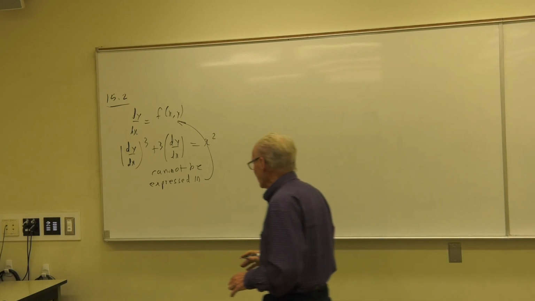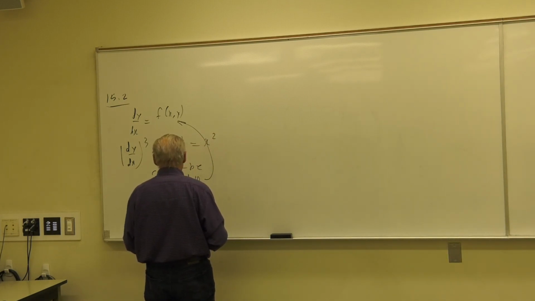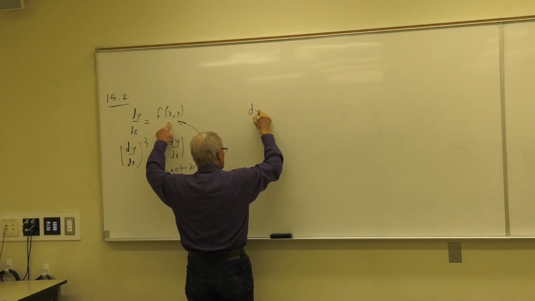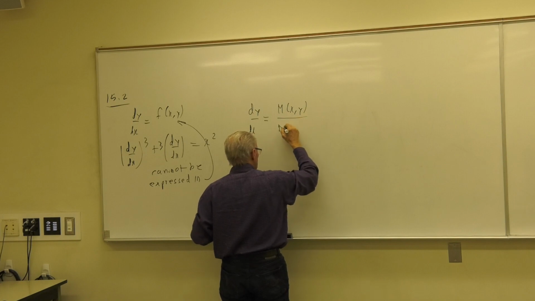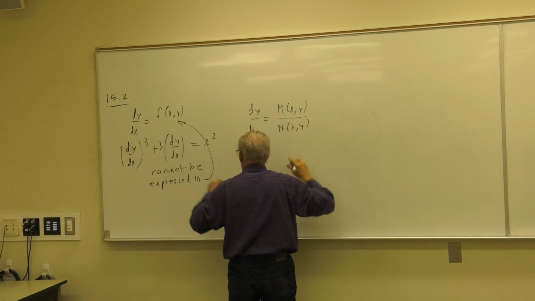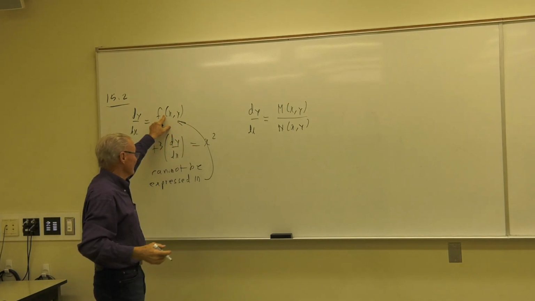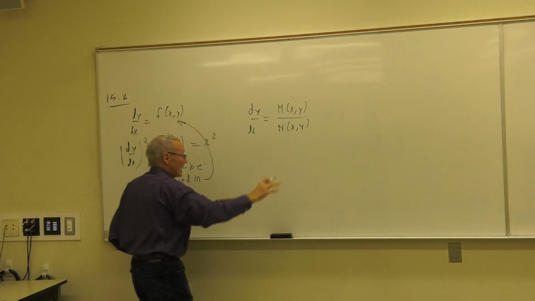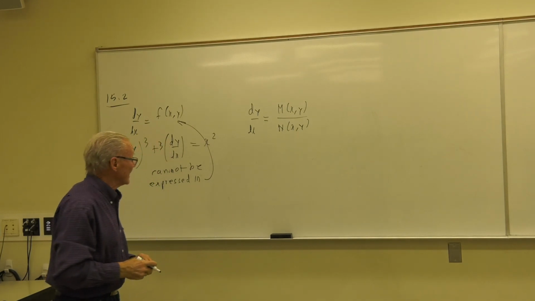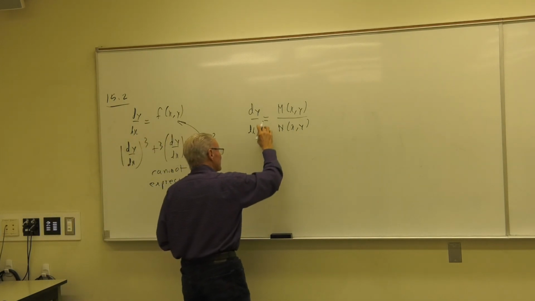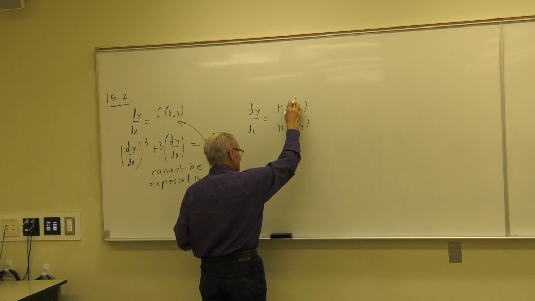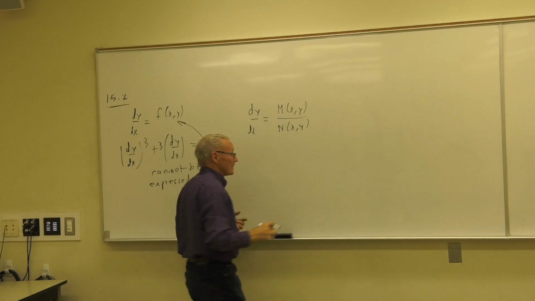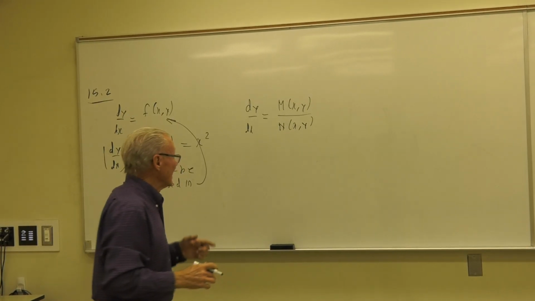Now, I think you will agree that if you got a differential equation of this form, any function of x and y, namely that f, can always be regarded as a quotient. That's not any restriction whatsoever. And what you're saying is, I want to find functions whose derivative is equal to this over this. And if that's complicated and that's complicated, then this could be a very complicated differential equation.